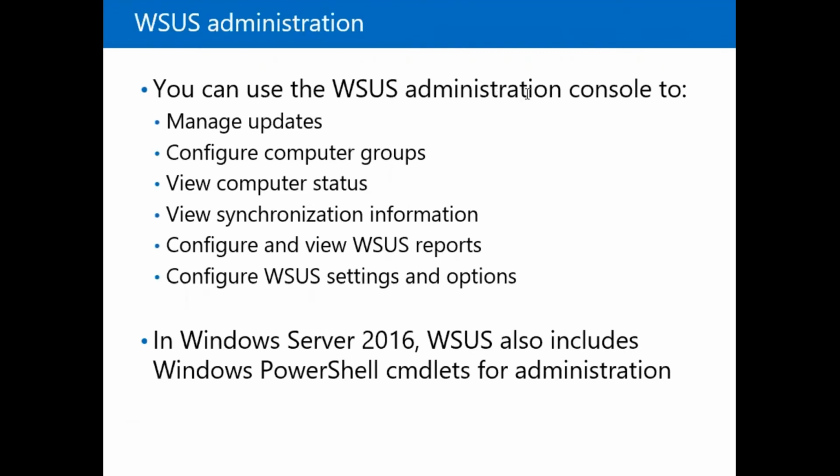You can use the WSUS Administration Console to manage updates, configure computer groups, view computer status, view synchronization information, configure and view WSUS reports, and configure WSUS settings and options. In Windows Server 2016, WSUS also includes Windows PowerShell commands for administration. So all these options we'll be able to see from the WSUS Administration Console.